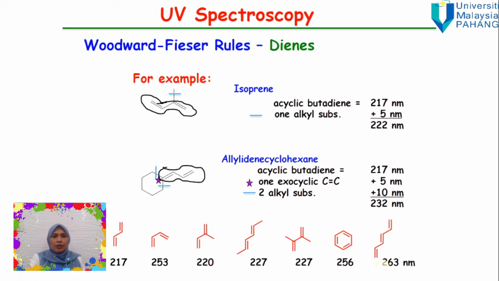You close your hand over this ring, and then you look at the side of the shape to see whether there is a double bond or not. This side has a double bond, so this is considered as one exocyclic, so you add 5. So the total of the calculation is 232, this is the lambda max. That's how we can calculate the lambda max for a straight diene like this.